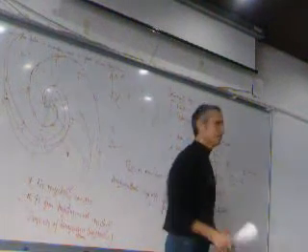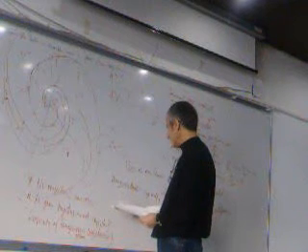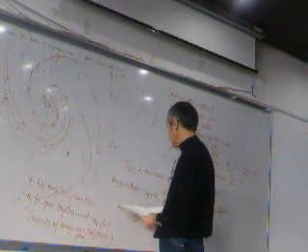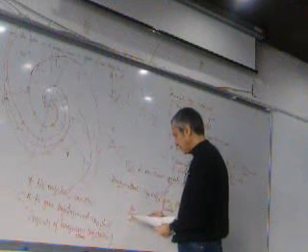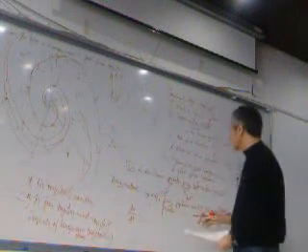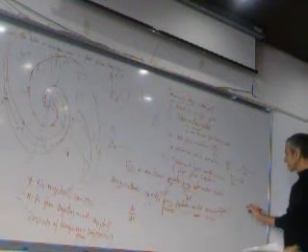prey population. So if you put it all together, here's a model that looks like this. A simple model looks like this. Prey population is x.